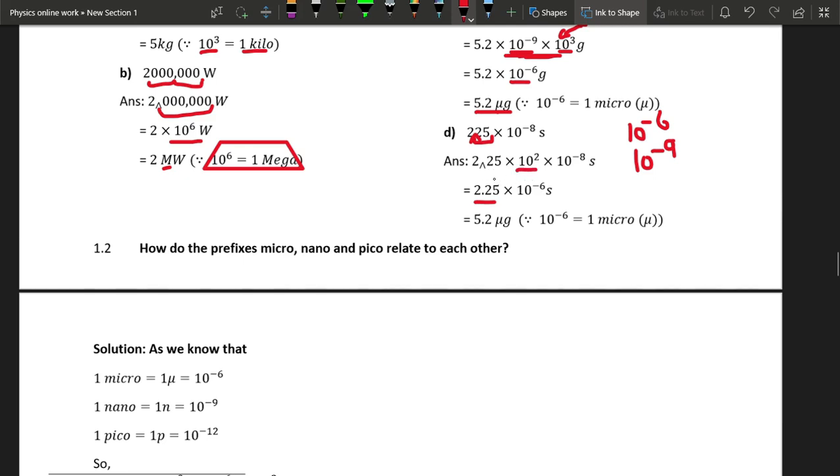So 2.25 into 10 raised to power 2 into 10 raised to power minus 8. When we solve these two, 10 raised to power 2 and 10 raised to power minus 8, it will be 10 raised to power minus 6, and we know that minus 6 is microgram. So this is how we can write this number into prefix form.